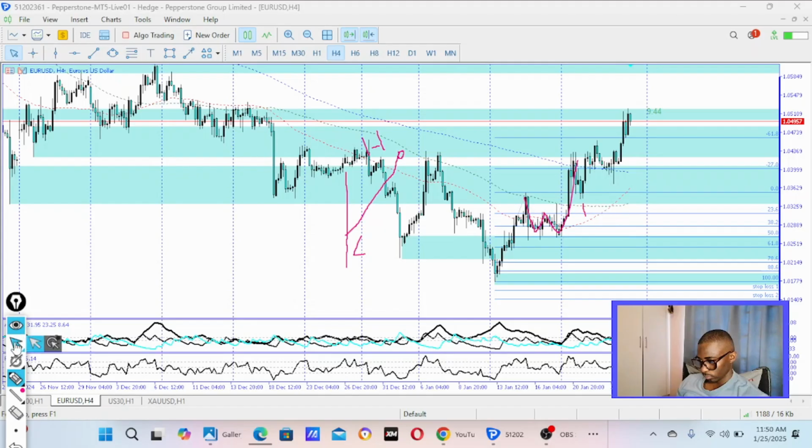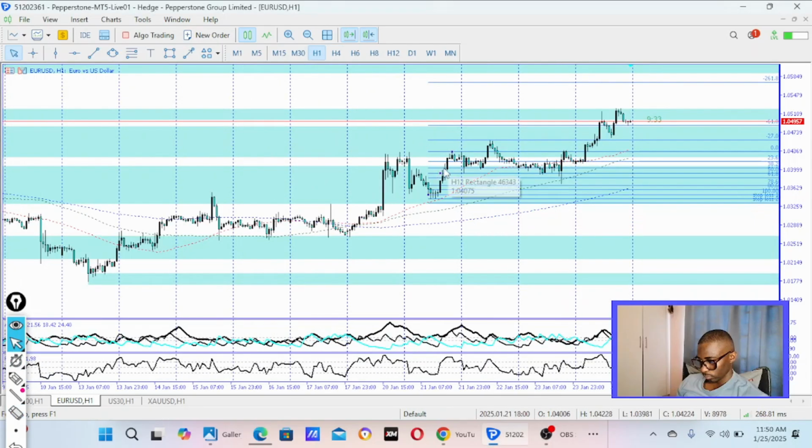So let's get back to the H1 and see where we could have entered the market. As I already said, price made a higher low right here and a higher high. So price closed in a higher high.